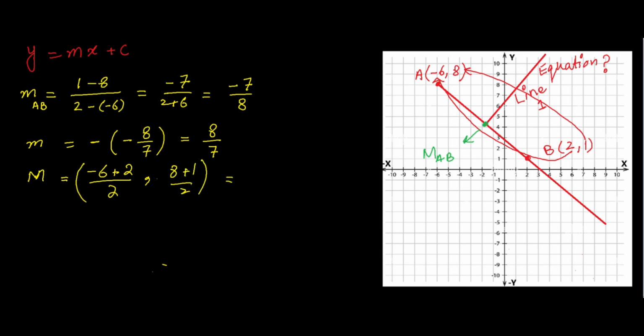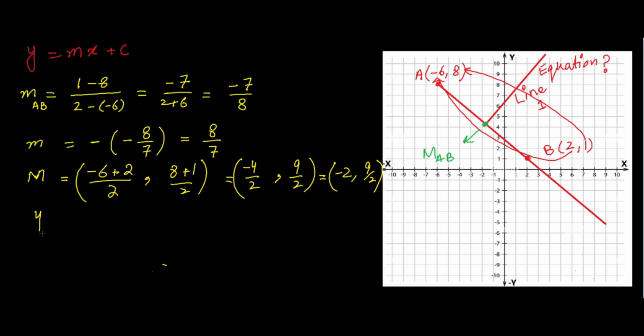So minus 4 over 2 is minus 2, and 8 plus 1 over 2 is 9 over 2. The coordinate point, which is the midpoint of AB on the perpendicular line, is minus 2 and 9 over 2. Now by using this coordinate point and the gradient, we can find the equation of the perpendicular bisector.